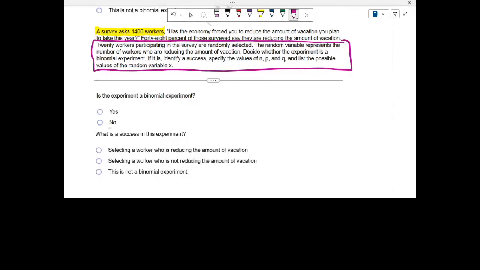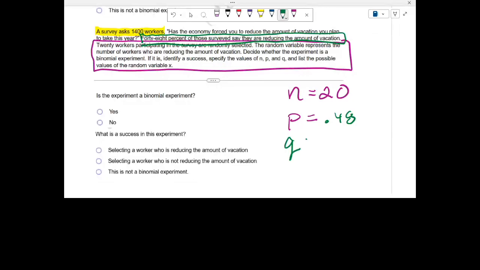So my N is not really 1,400. It's the 20 that we're focusing on. We're going to figure out how many of those people said yes, I am reducing the amount of my vacation. What percent of those people said they are reducing the amount of their vacation? 48%. As a decimal, do you guys agree that's 0.48?